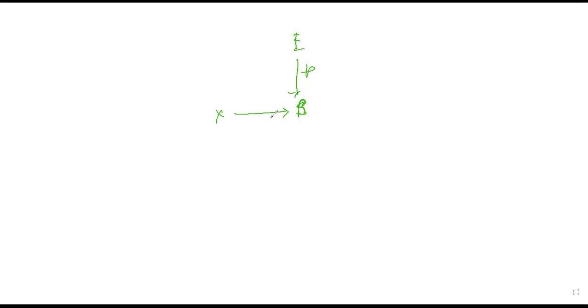If there is a map from X to B which can be lifted to E, then all the maps which are homotopic to that map can be lifted to E, right? So that is a property of that homotopy class.